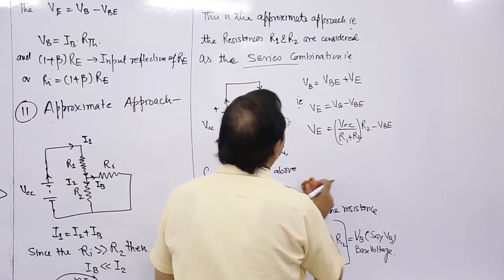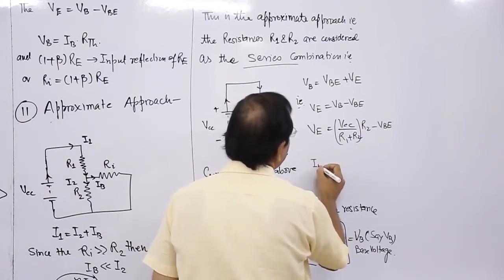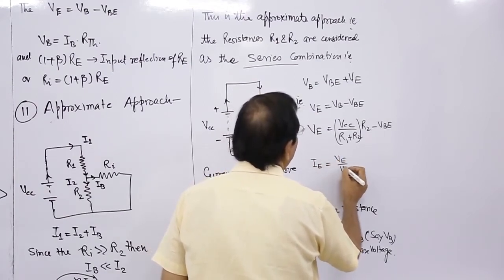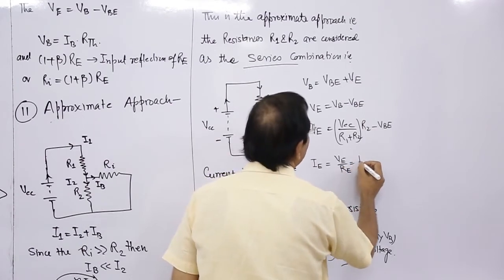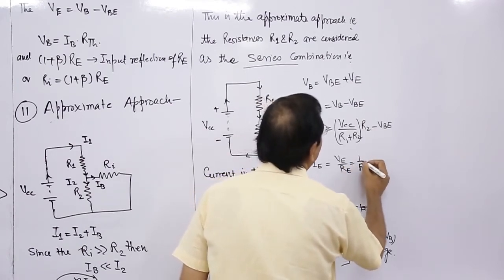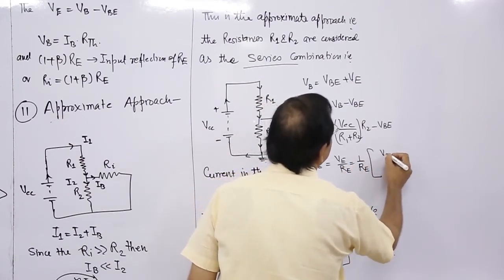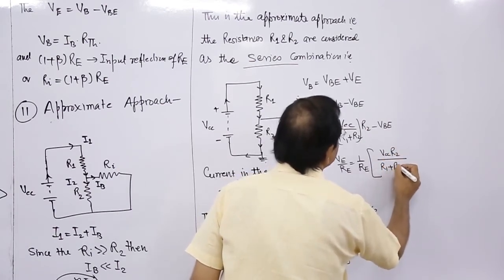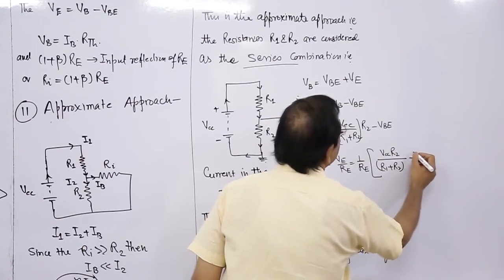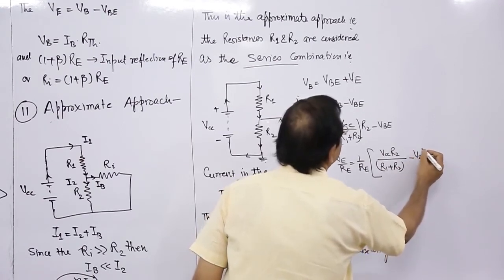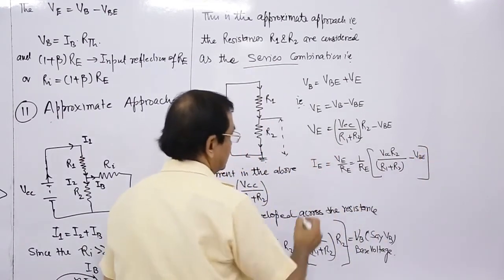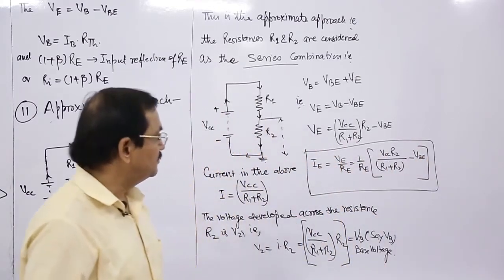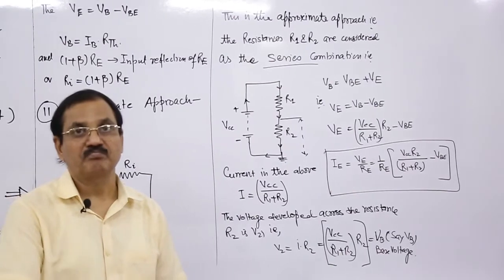If you want IE, IE is equal to VE upon RE, that is 1 upon RE of VCC R2 upon R1 plus R2 minus VBE. This is the emitter current in the circuit.